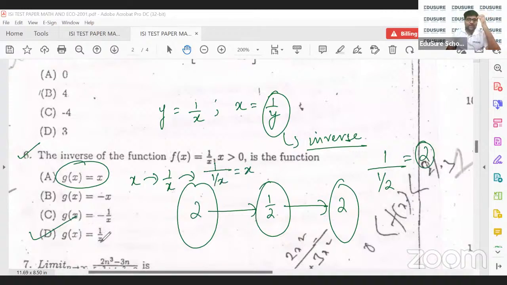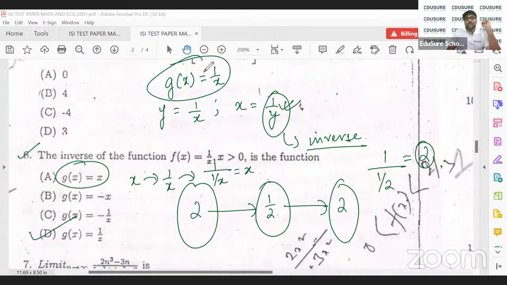So the inverse is 1 by x. And it's very easy. Y is equal to 1 by x, x is equal to 1 by y. So this is the functional form of inverse. Gx will be equal to 1 by x. D is the answer.